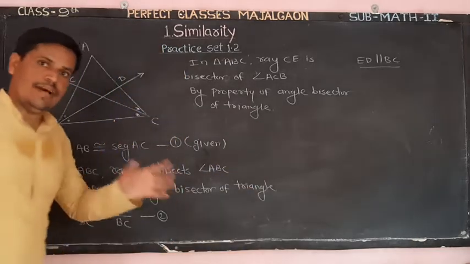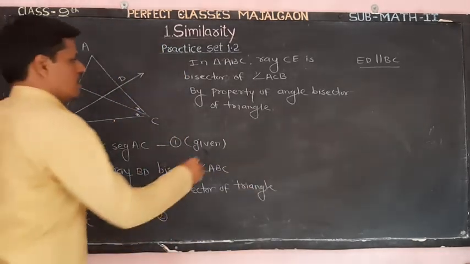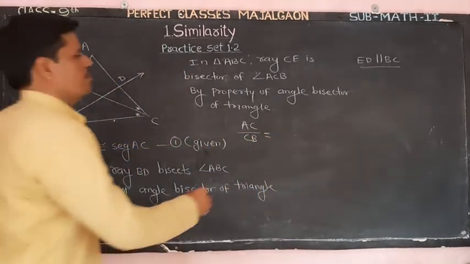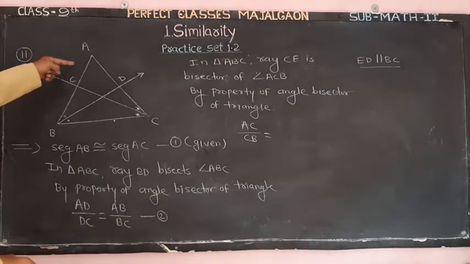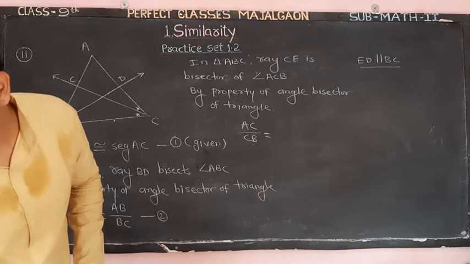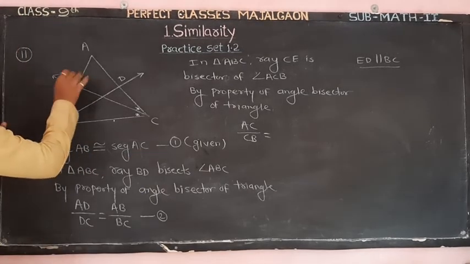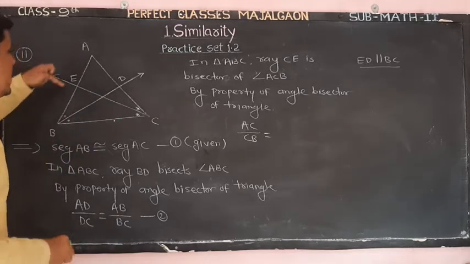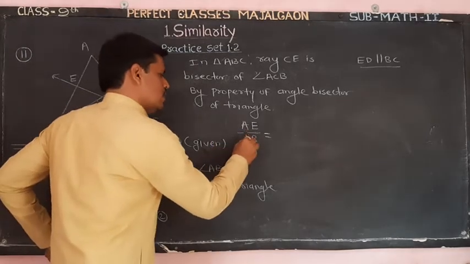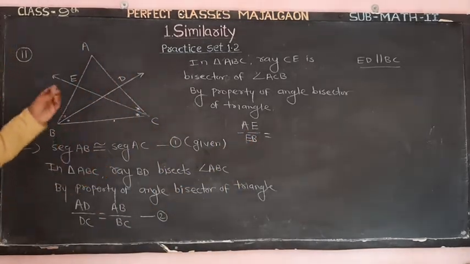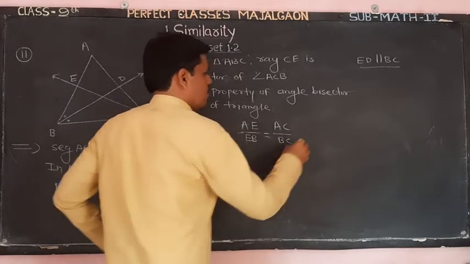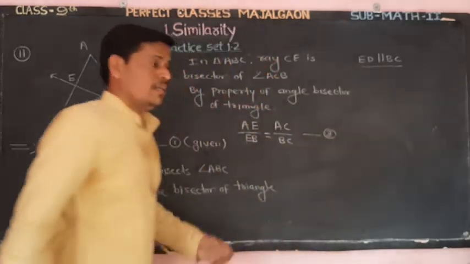What is the name of the second ray? Ray CE. Therefore, AE upon EB equals AC upon BC. Name it equation number 3. We will write the reason.